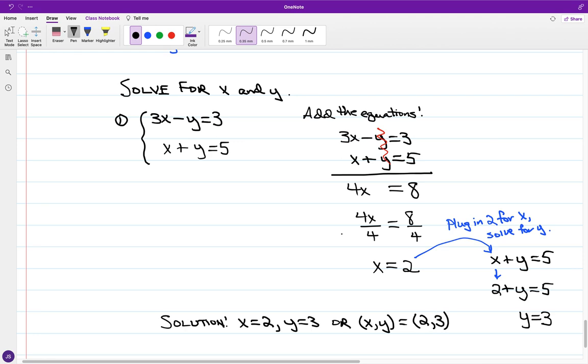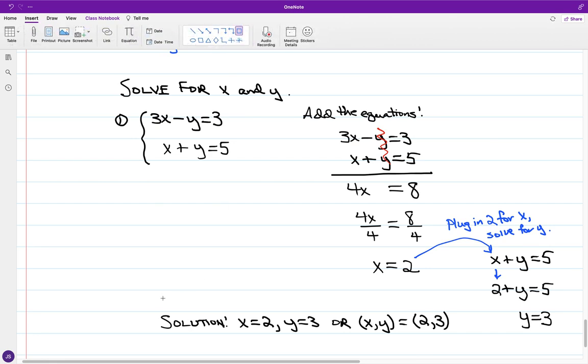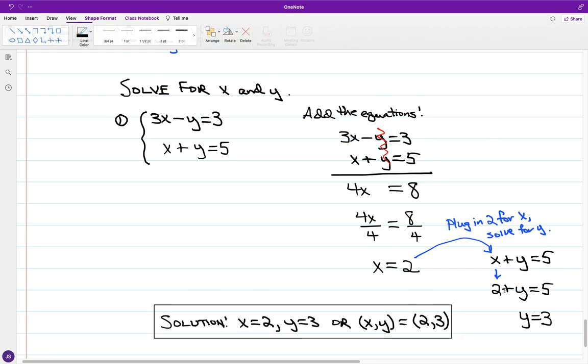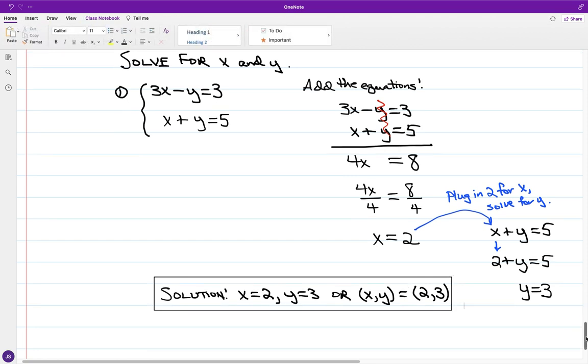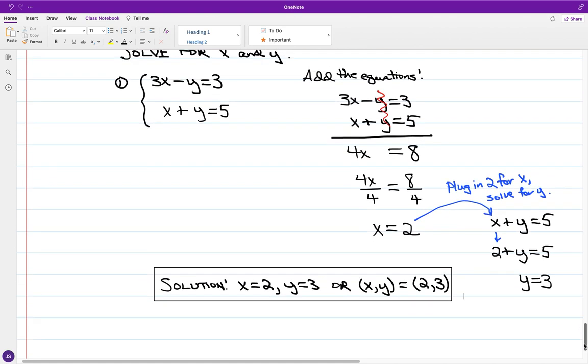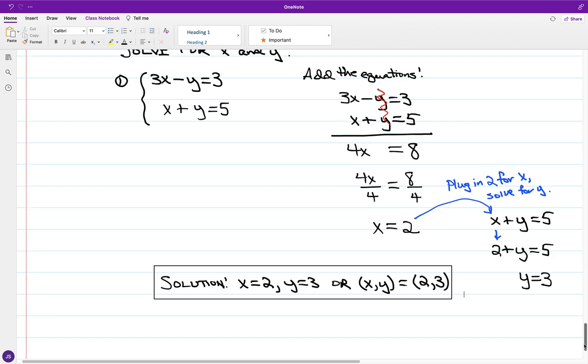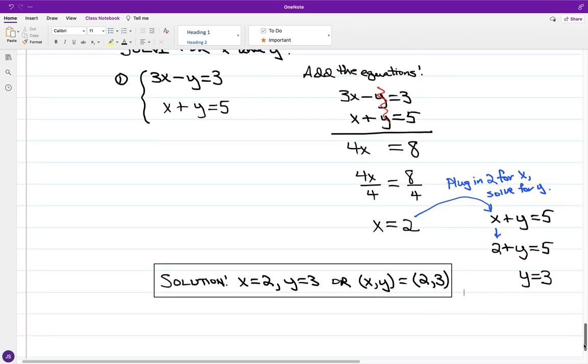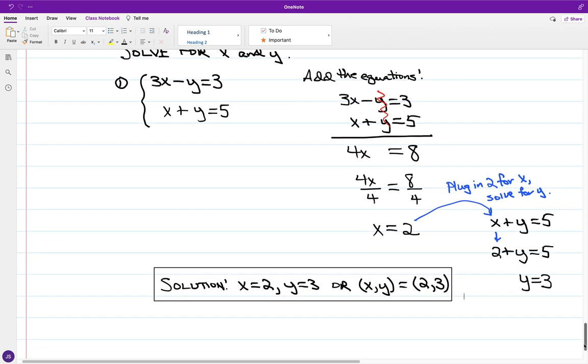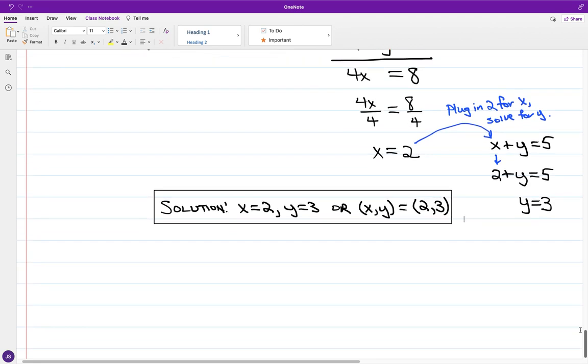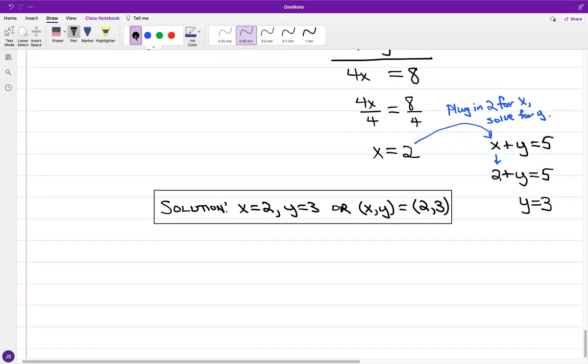That's saying that the graphs of these equations would intersect at that one point. Okay. So the first case is where you can arrive at the solution of one variable through the addition method, and then the second variable, just substituting for the already solved variable.